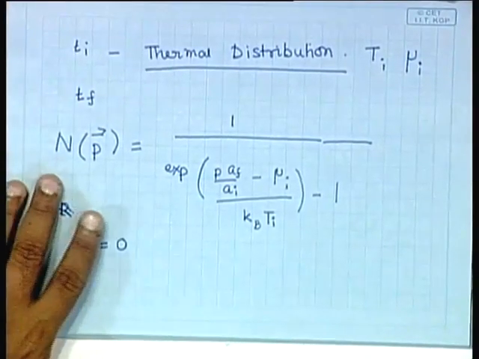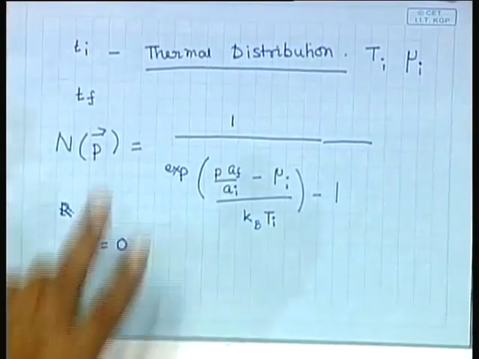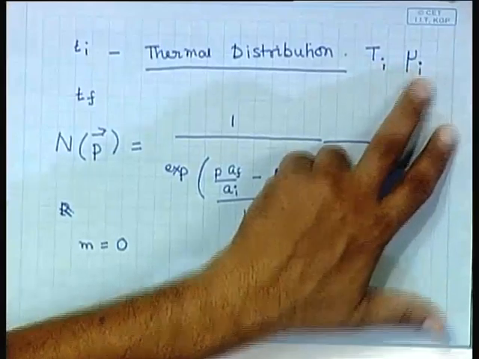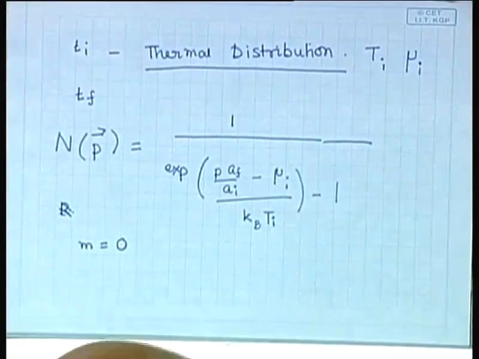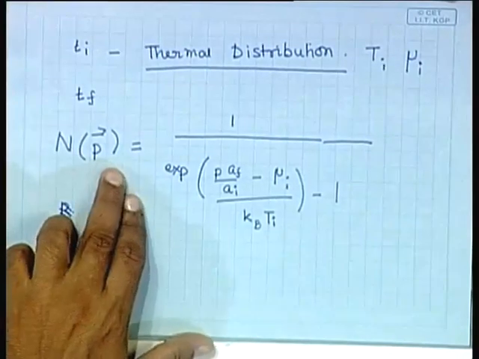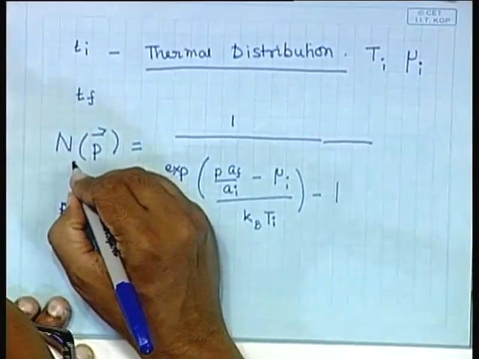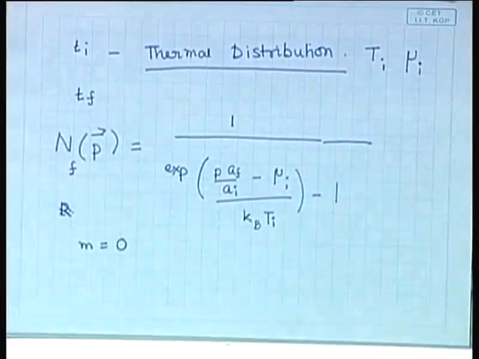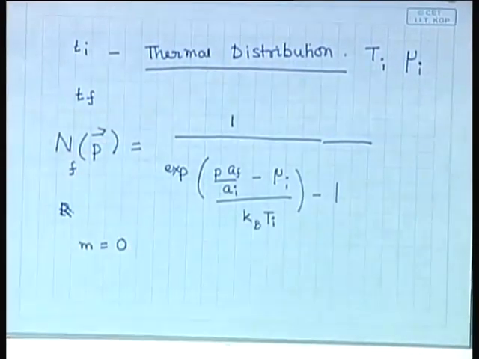So, this is the final particle distribution if the initial particle distribution is a thermal distribution with temperature Ti and chemical potential mu I. Now, you can see that the final particle distribution can be written in terms of a thermal distribution with a different chemical potential and a different temperature. How can we do that?